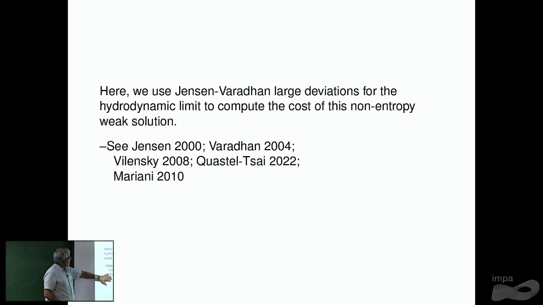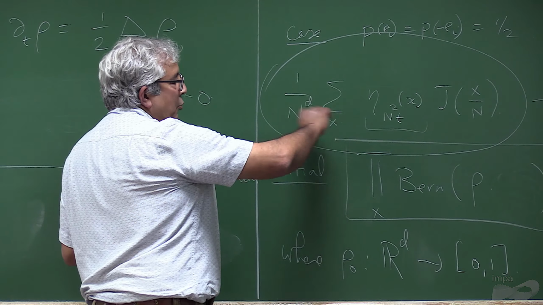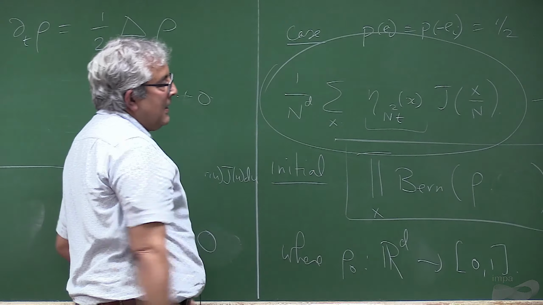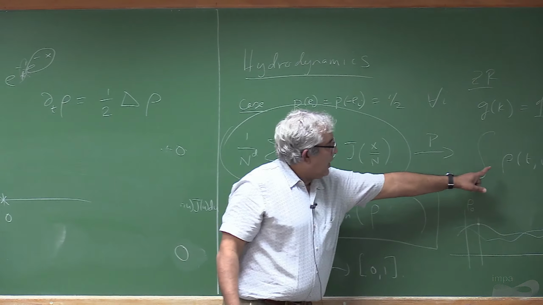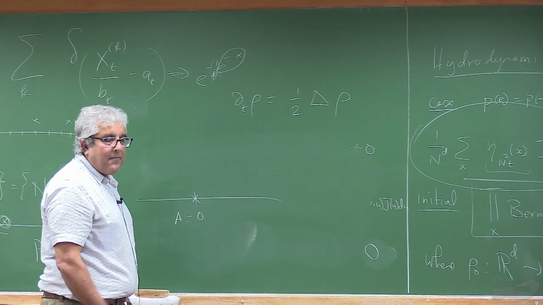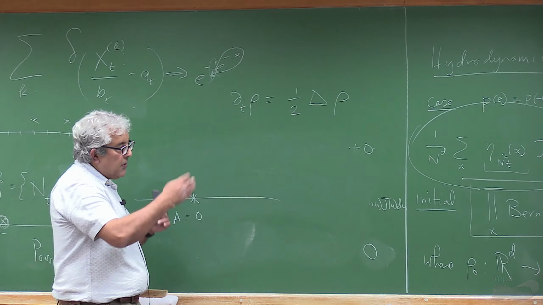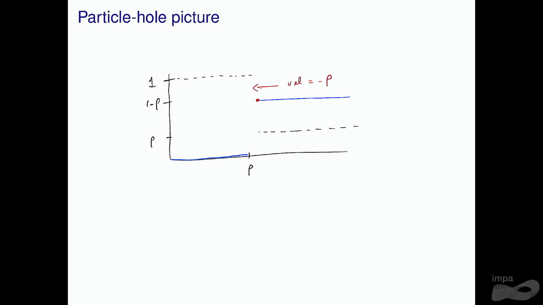Let me say that maybe this is the end of it. Okay, so enough is known that you can compute the cost of this object evolving to a different density, if you're evolving to something which is nice enough.